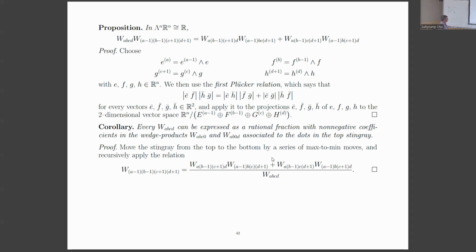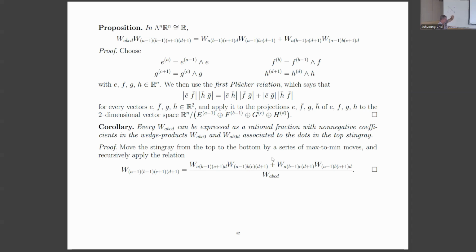That proves that as you go down, first of all, all the terms on the stingray, you'll be able to express them as rational fractions with non-negative coefficients in the wedge products associated to the top stingray, the old products here.